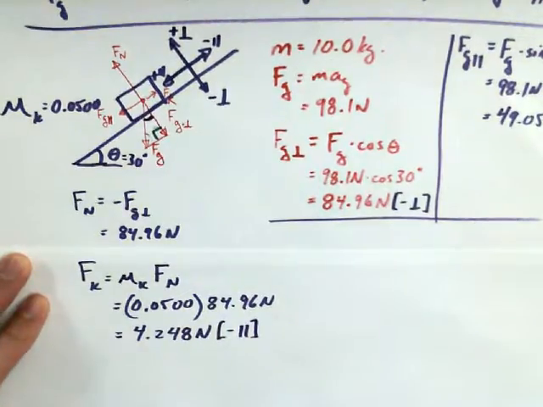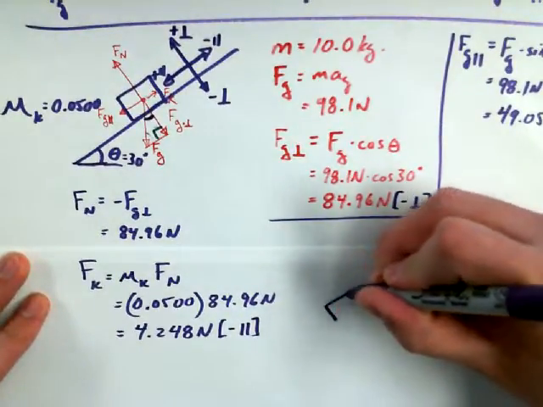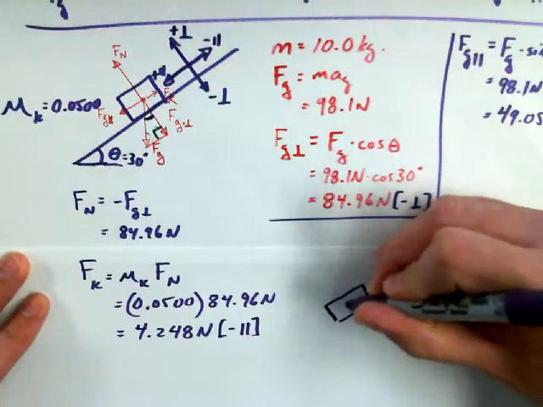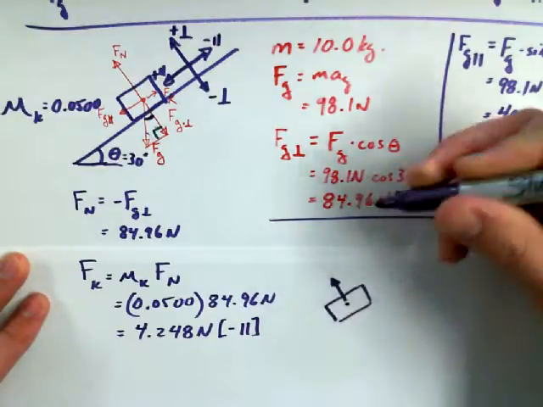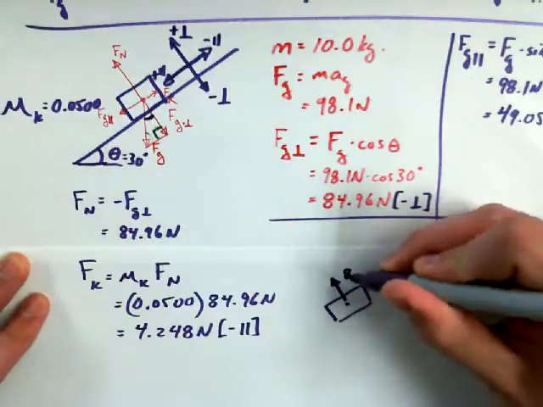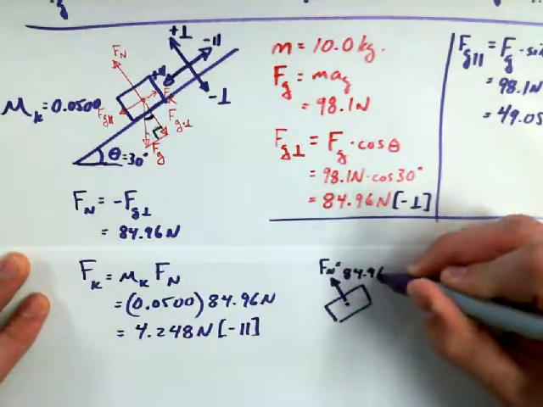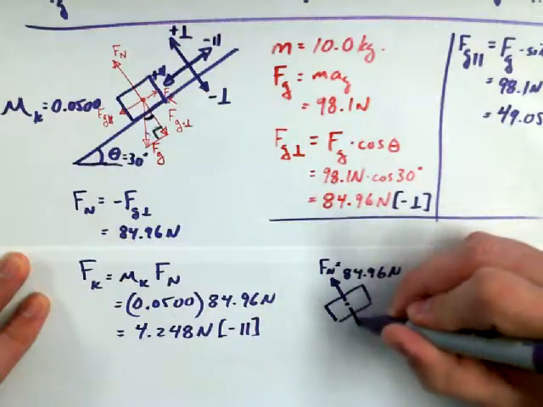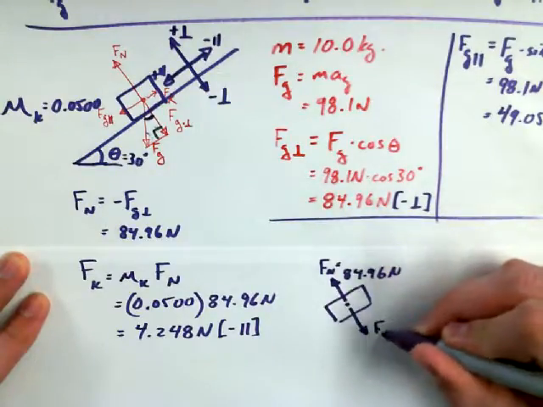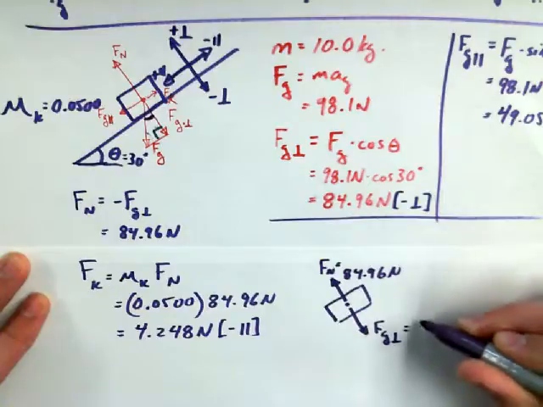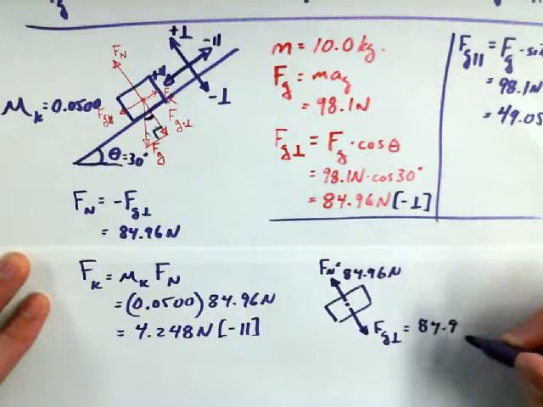Alright, so now if I wanted to, I could redraw my free body diagram with values. I've got a normal force, oopsie, Fn equals 84.96 newtons. I've got a gravitational force that's perpendicular, call it Fg perpendicular, also equal to 84.96 newtons.